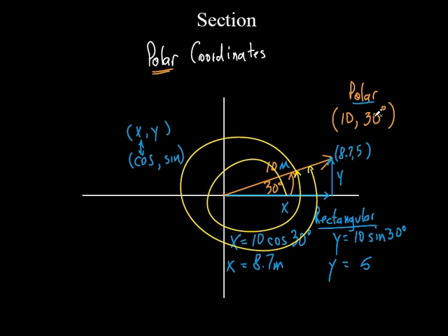So right here, instead of 30, you could have put 390. That would get you at the same exact spot, wouldn't it? Or you could put, what did I say, 750? 750 would be at the same exact spot. I could keep adding 360 all day long if I wanted to, couldn't I? Right? And I'm still at that same exact spot. So with polar form, there's several different ways to write it. Here's another way to write it, which is a little different.